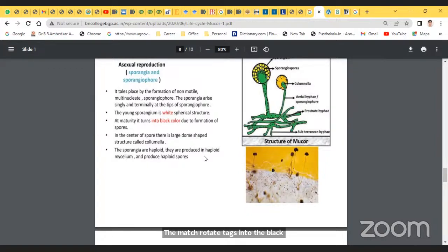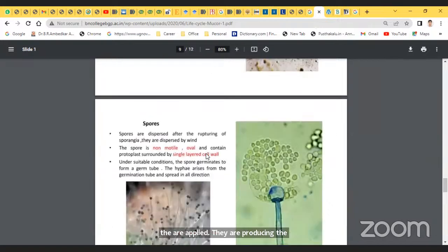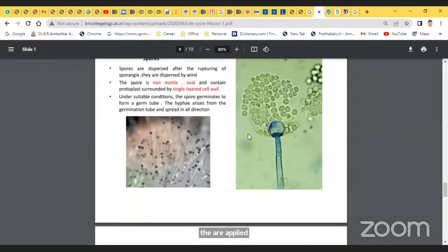So these are the structure of spores. Spores are dispersed after the rupturing of the sporangia. They are dispersed by wind.